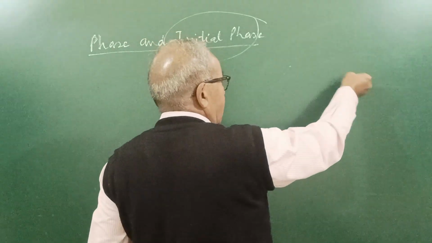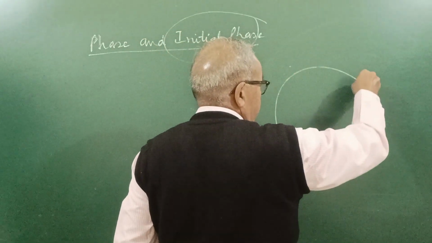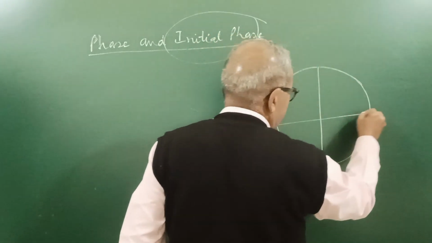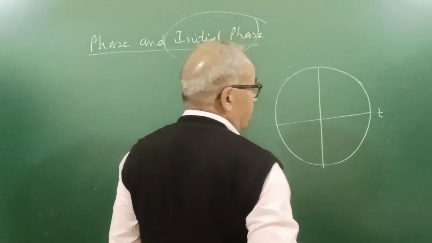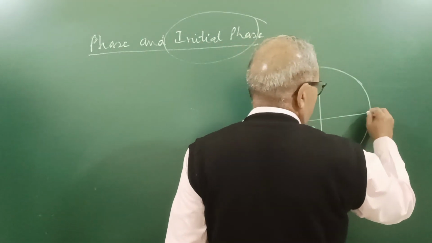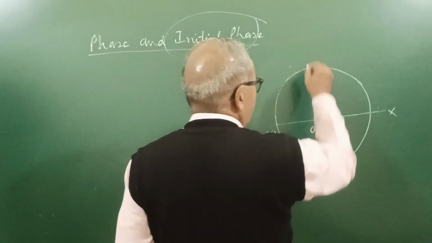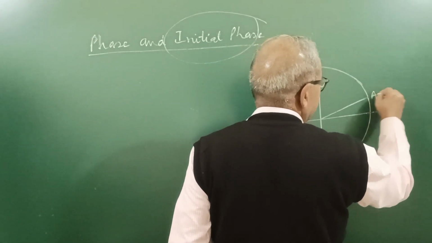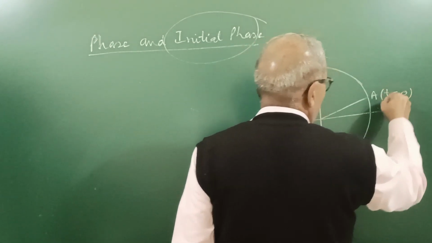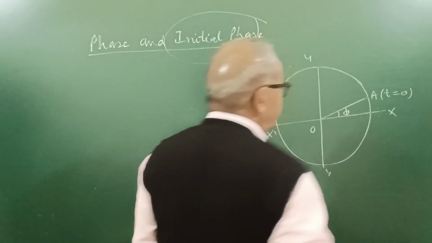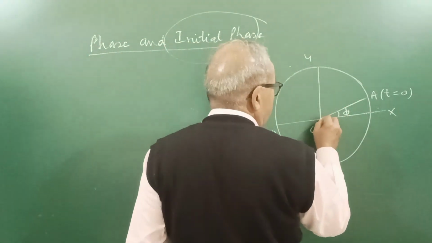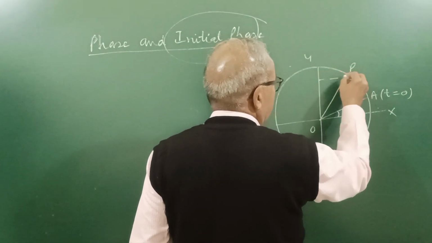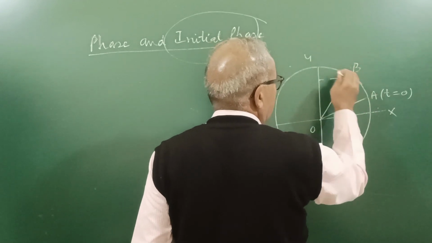I told you the circle is called the reference circle. Here when we derived the equation y equal to a sine omega t, at t equal to 0 the body was here, at suppose X dash, Y dash. Now if at t equal to 0, point A is here, and this angle is suppose phi, and in time t the body goes to point P, and the projection now comes here.